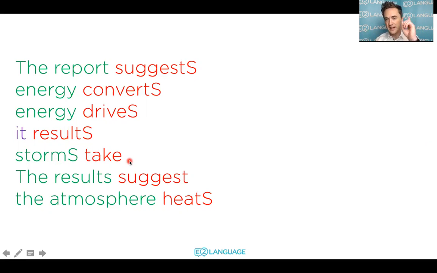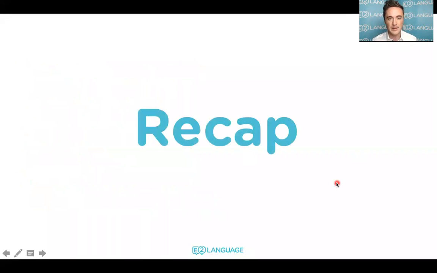So if the S is on the noun, no S on the verb. Right? If there's no S on the noun, there is an S on the verb. It's just an inverse thing. If one has it, the other doesn't. If one doesn't have it, the other does have it. One thing does. So let's recap.